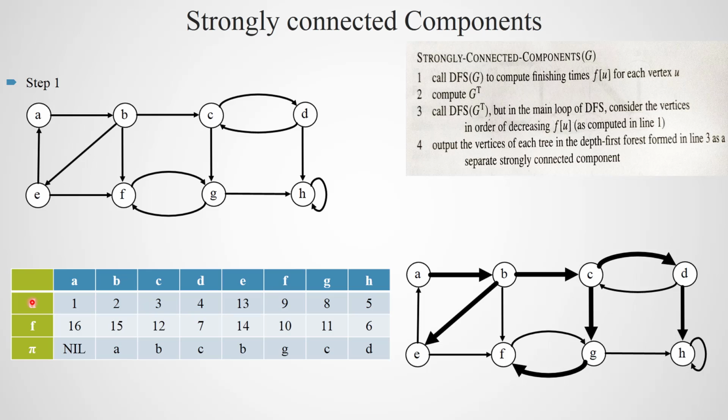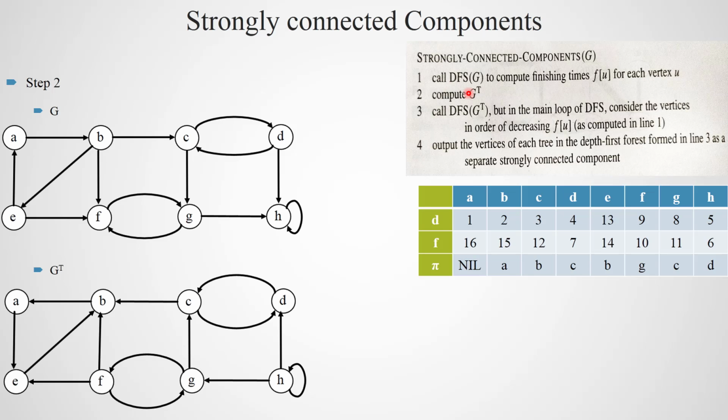So I get a table like this, which contains discovery time, finishing time and parent. And this is the output forest of depth first search. So step 1 is the normal DFS that we already discussed.